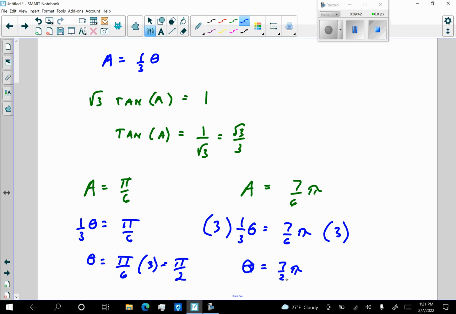True or false? False? Oh, that was very good, Mary Beth, that you noticed that. I wanted the solutions only between 0 and 2 pi. And you were very quick to note that 7/2 pi was outside of this range.